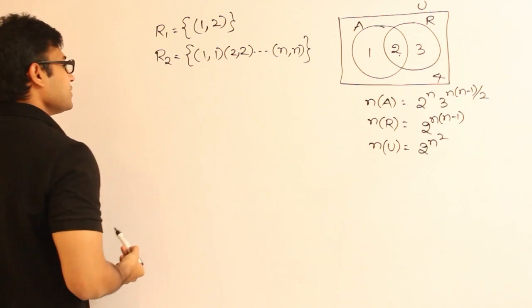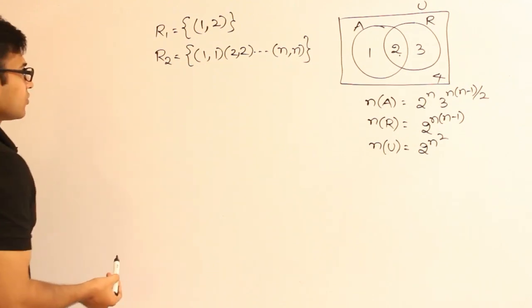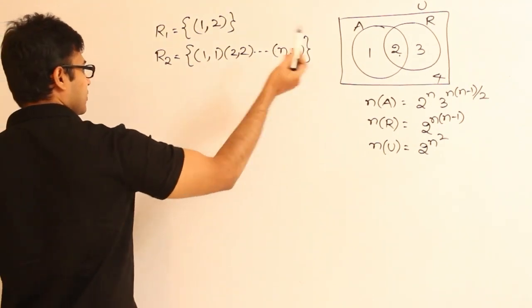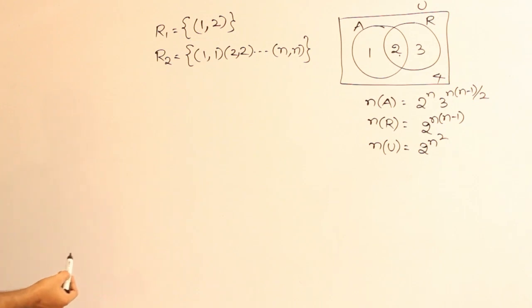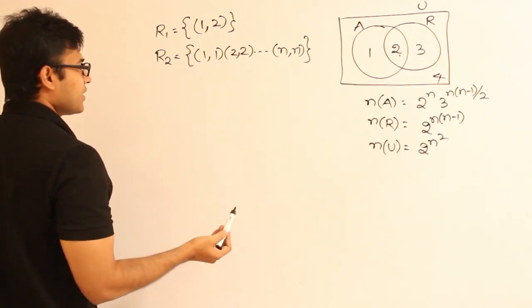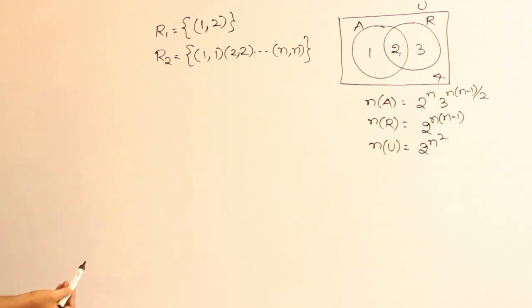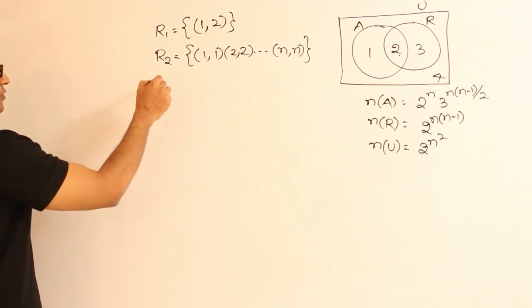So this is an example which is both reflexive and antisymmetric. Or if you want more examples, along with this you can add one or a few other elements without adding x comma y and y comma x both. Got it? You can frame more examples if you want.